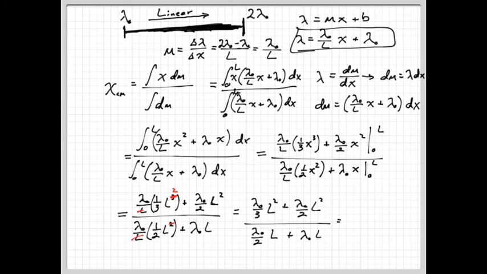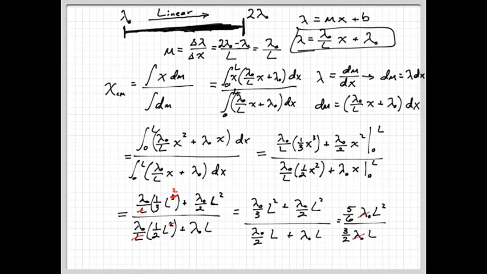Okay, so combine like terms. So 1/3 plus 1/2 will be 5/6. So that would be 5/6 of lambda 0 times L squared. Then on the bottom, I've got half of lambda 0 L plus 1 lambda 0 L, so that would be 3/2 lambda 0 times L. Okay, you can see here we're going to do some algebra.